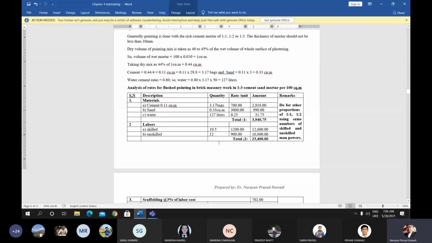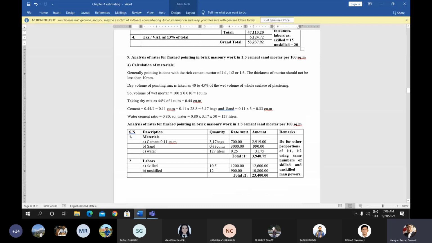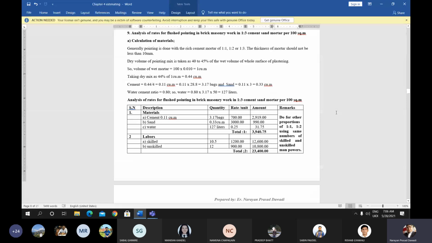unskilled manpower is taken as 12, because more manpower is required in pointing.